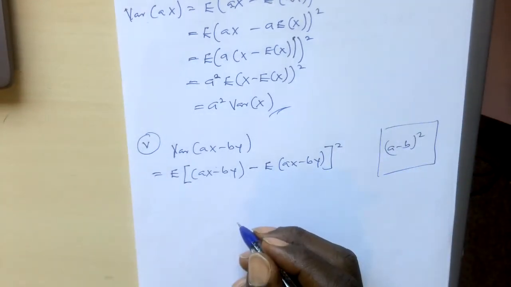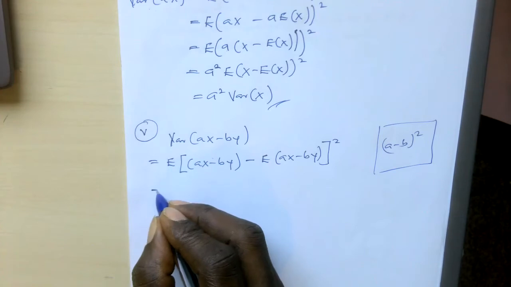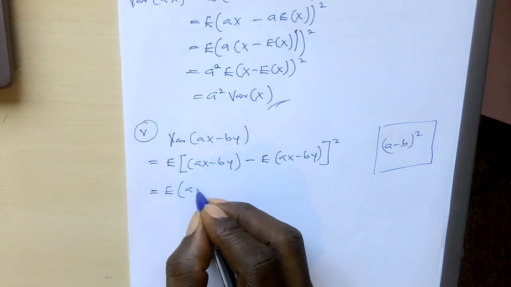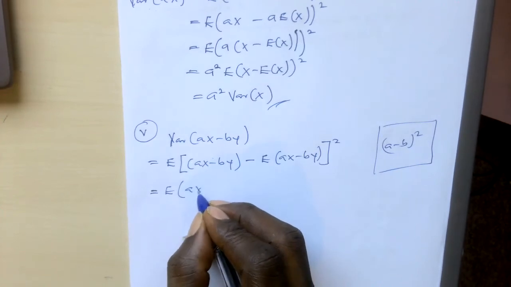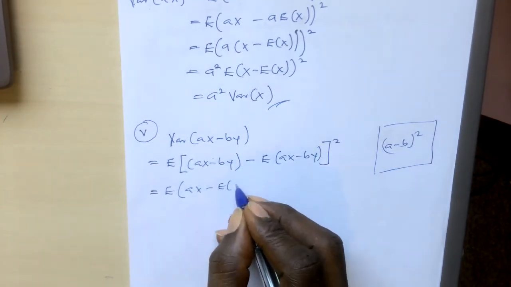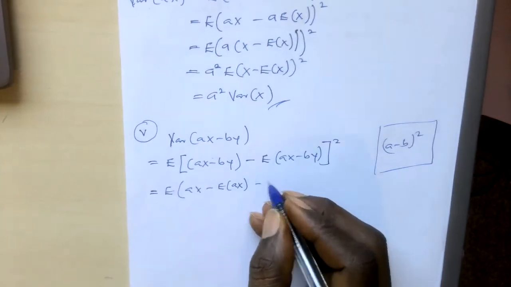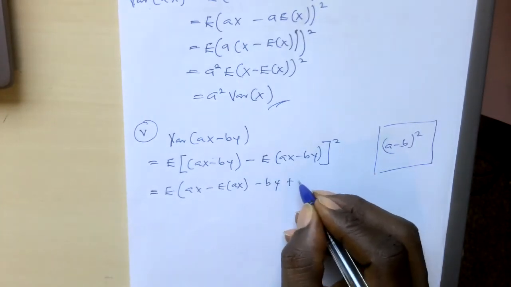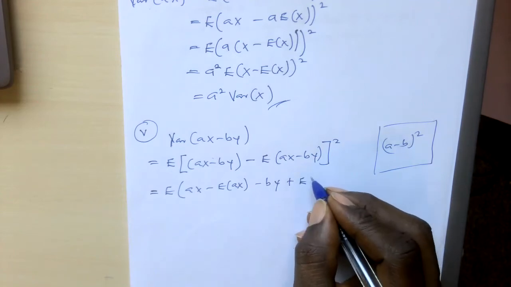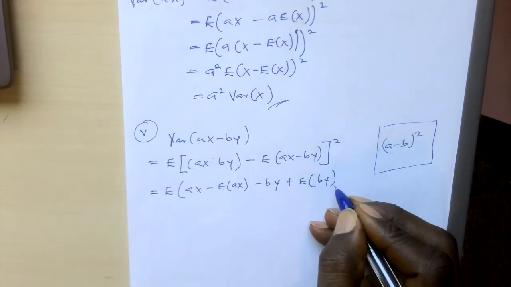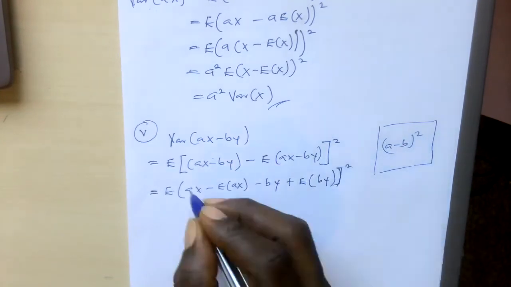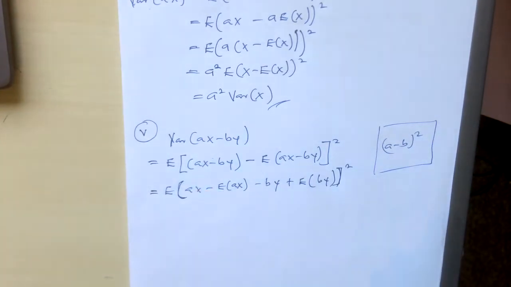So if we expand this, we have the expected value of ax minus expected value of ax, minus by plus expected value of by, all squared. Yeah, this is this guy here, not squared.